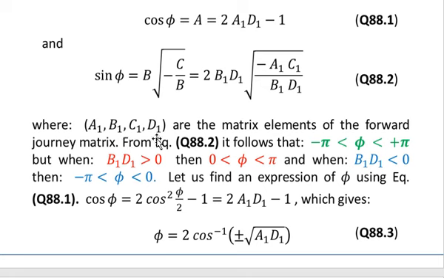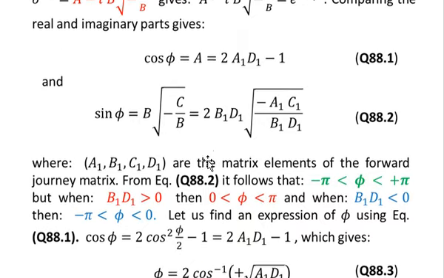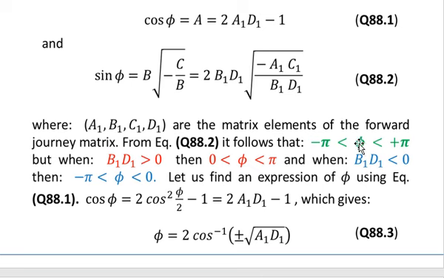Where A1, B1, C1, D1 are the matrix elements of the forward journey as given in slide number 87. From equation 88.2, that is equation number 2, it follows that phi should be in the range of minus pi to plus pi.